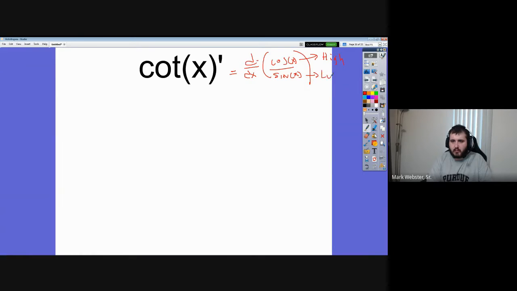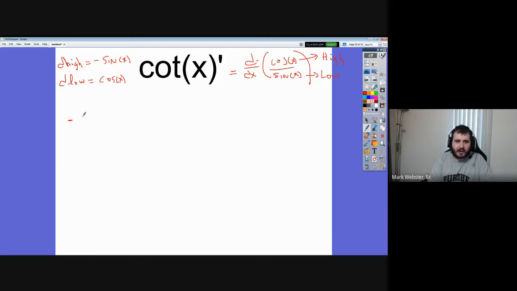Here's my low. My d high is going to be, well, the derivative of cosine is negative sine. My d low, the derivative of sine is cosine. Then I'm going to use quotient rule.